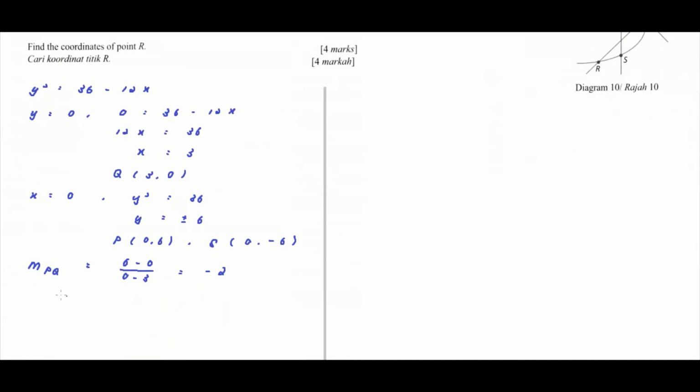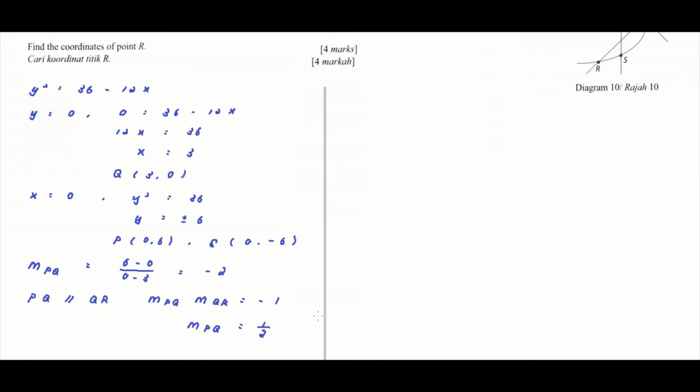Since PQ and the line QR are perpendicular to each other, the gradient for PQ multiplied by the gradient for QR will be equal to -1. So from there, I'll be able to get the gradient. It will be equal to 1 over 2.